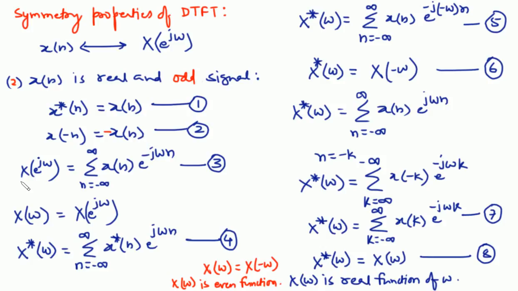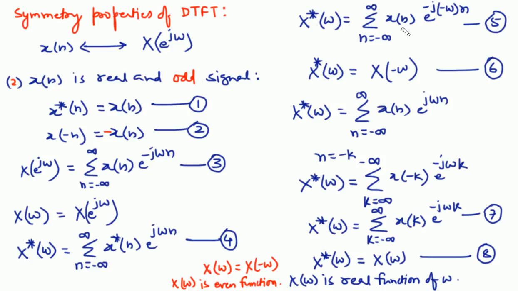Now the DTFT of x[n] is X(e^{jω}). We will write X(ω) is equal to the summation of x[n] e^{-jωn}. Now if I take the complex conjugate of X(ω), then the complex conjugate of X(ω) is the summation of the complex conjugate of x[n] e^{jωn}, instead of minus j we have plus j, and n is changing from minus infinity to plus infinity, and the complex conjugate of x[n] is x[n].